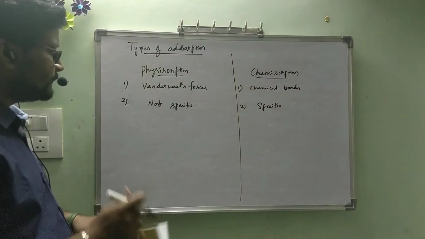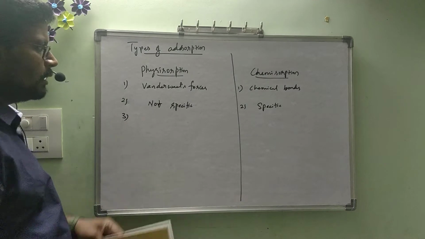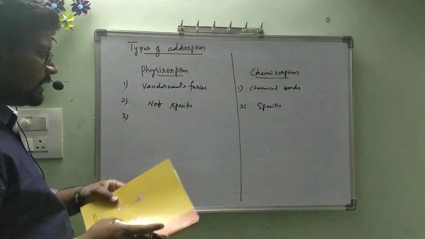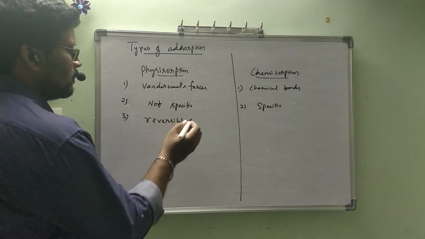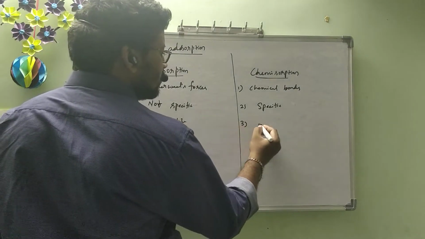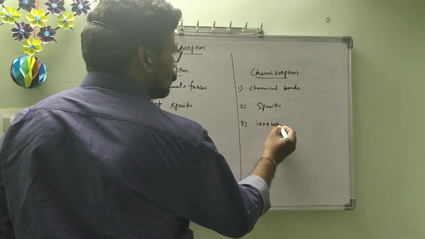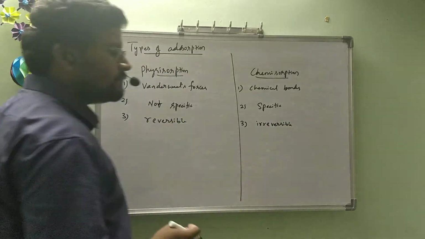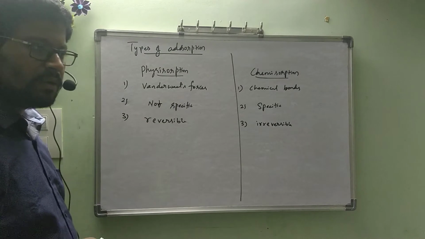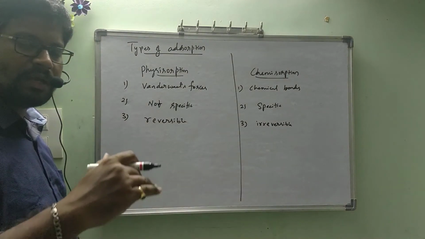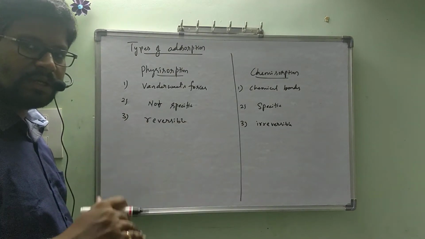Third point. Physisorption is reversible in nature. Chemisorption is irreversible. By seeing the point itself, you might have understood. Here we have van der Waals forces, so we can easily convert the gas adsorbed onto the solid back into gas.